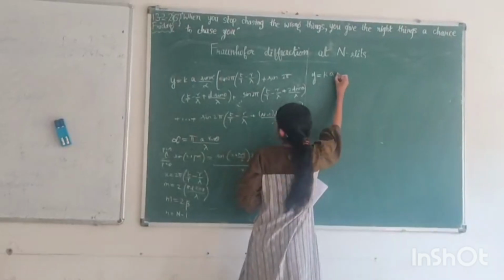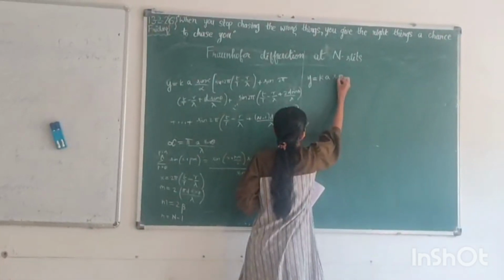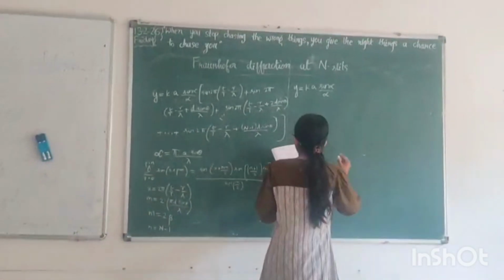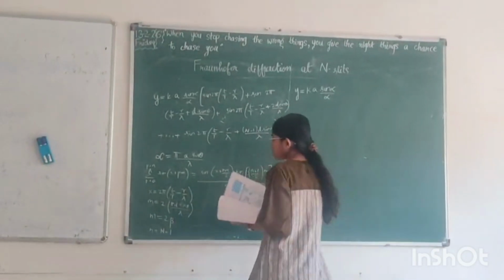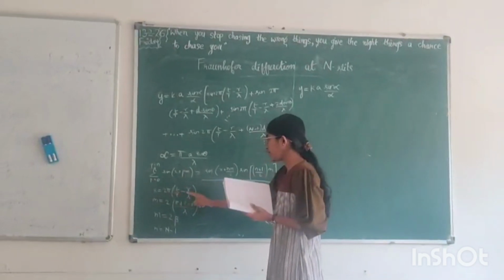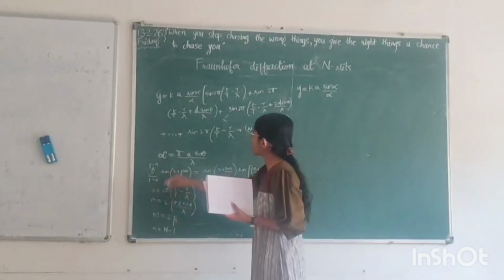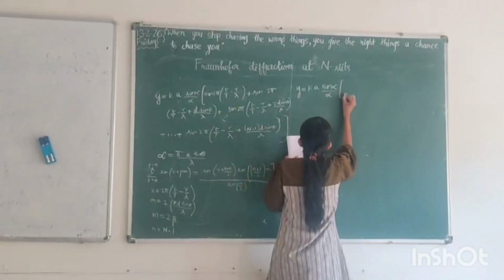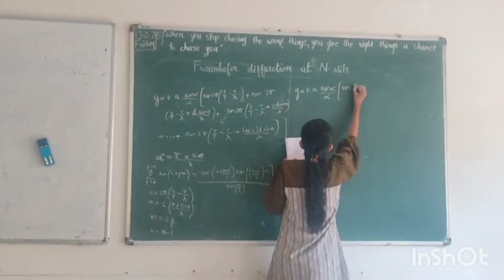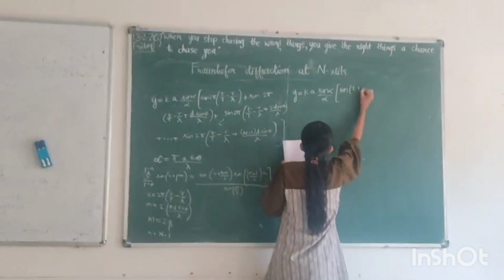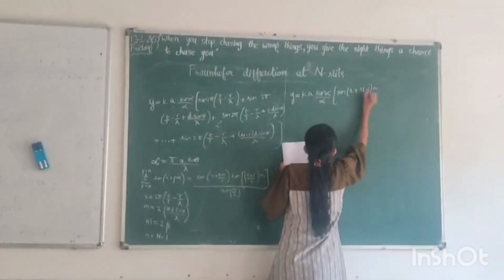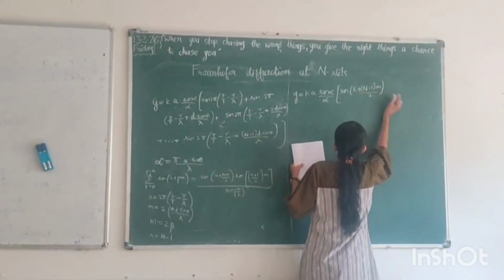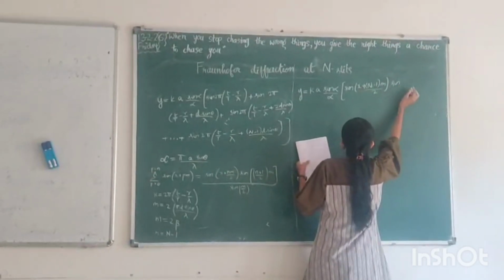Sin alpha by alpha would be as it is. This 2 pi into (t by T minus r by lambda) is equal to x. So this term sin (x plus (n minus 1) m by 2) will come, and sin (n m by 2).